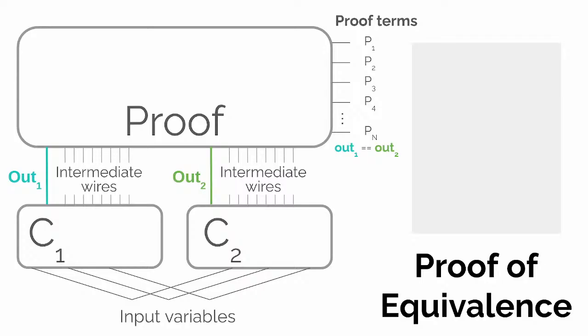The input wires of the equivalence proof are like the outputs. Basically every wire in the C1, C2 part can be provided as input to the proof part of the circuit. And then the output of the proof part of the circuit is, for every proof line you have in your EF proof, it will output a wire. That wire is like an expression computing the expression evaluated in the proof line.